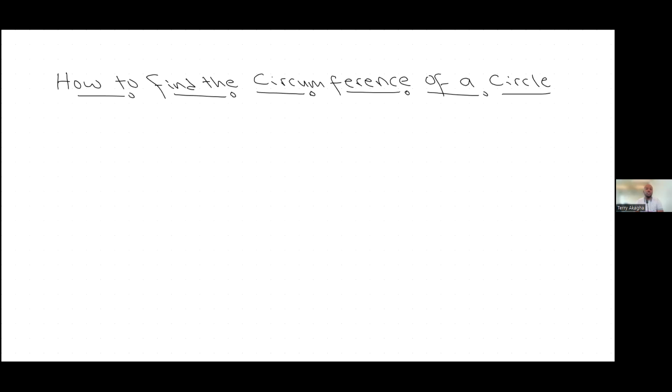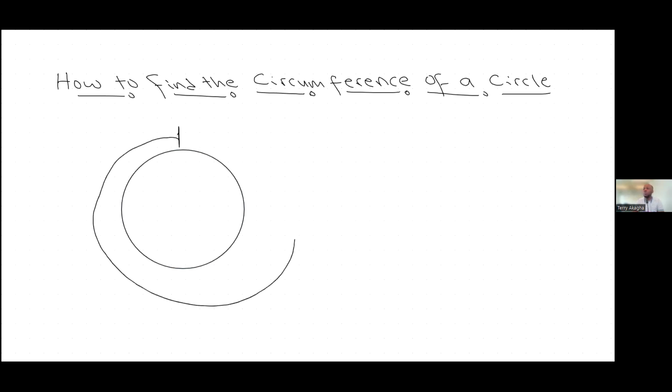All right, so let's get straight into it. The circumference of a circle is the distance around the circle. So if you have a particular circle, let's call this the circle. The circumference of the circle is the distance that you move all the way around the circle till you get back to this point.